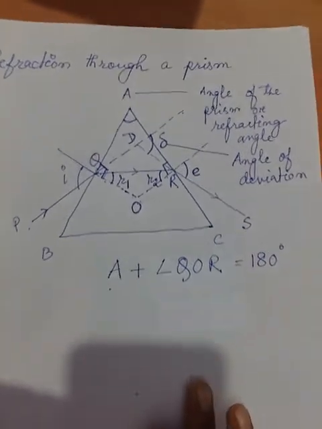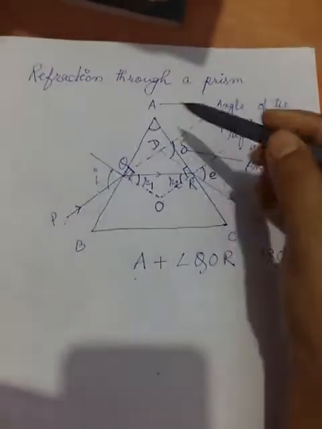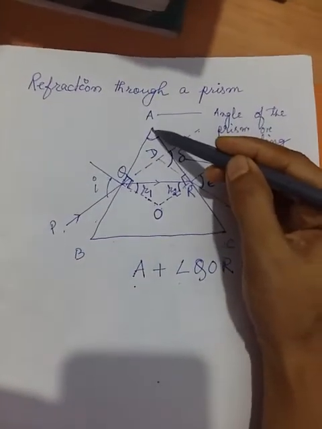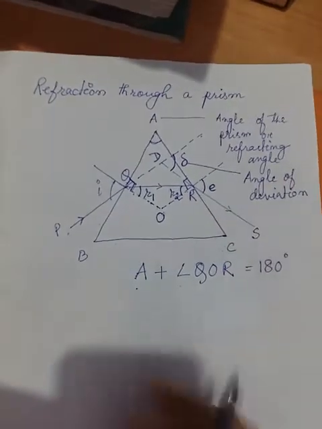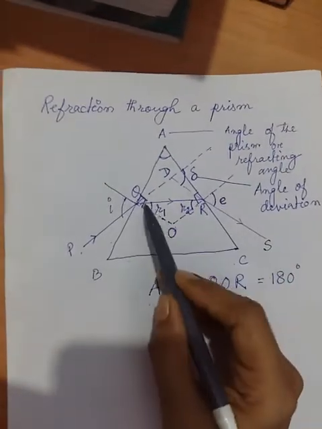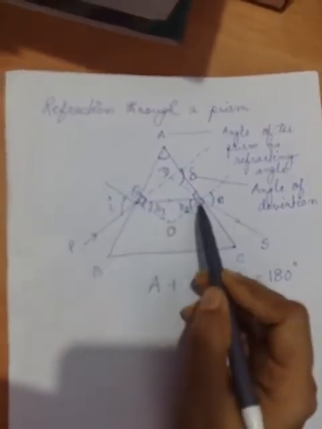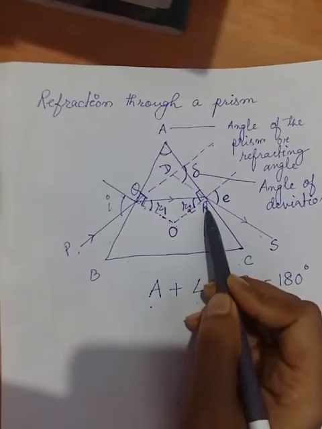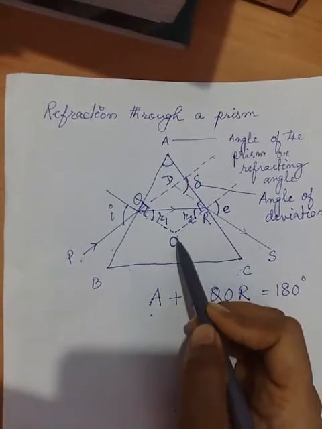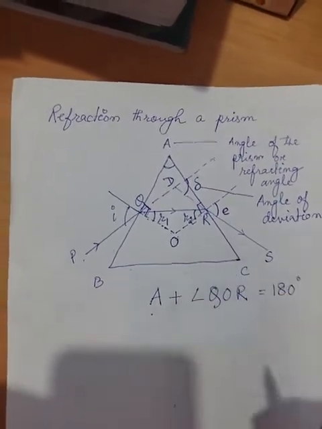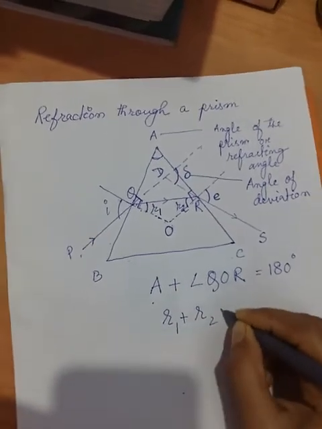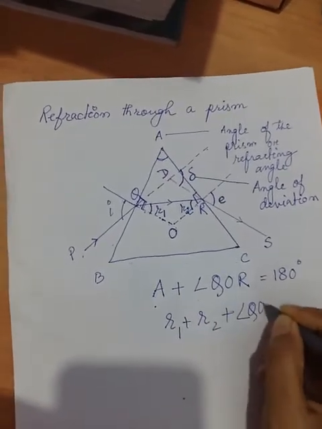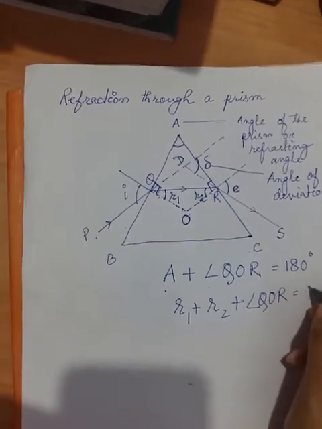This is one of the conditions we get from quadrilateral AQOR. Similarly, if we consider the triangle QOR, then R1 plus angle QOR plus R2 equals 180 degrees.